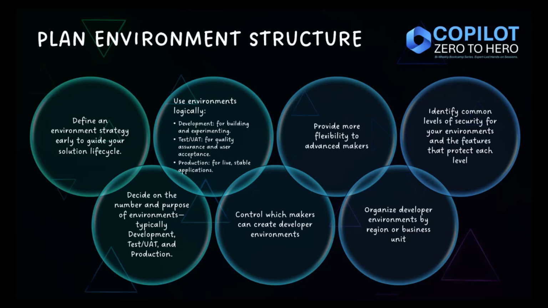It gives you enhanced data security as well as access control. So if you build out an environment strategy, you can really define who's got access to what. You can set up policies as to which connectors are allowed and which are not.